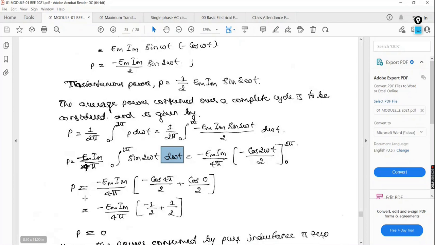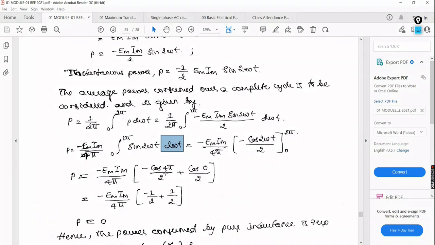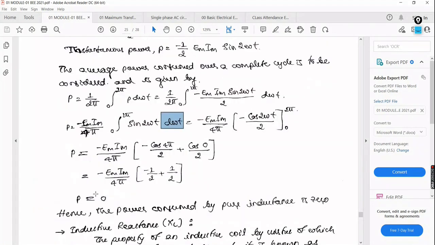The integration becomes minus cos 4 pi by 2 plus cos 0 by 2, after substituting the limits in terms of omega t. What is cos 4 pi? It is 1. So minus 1 by 2 plus 1 by 2. What happens? The average power consumed by the pure inductance is equal to 0.